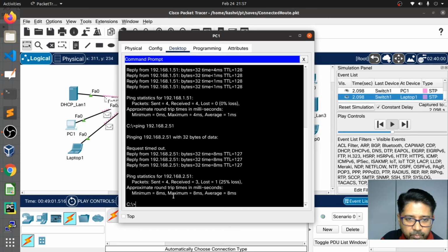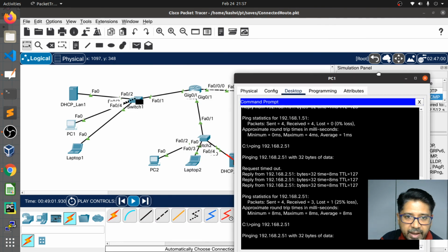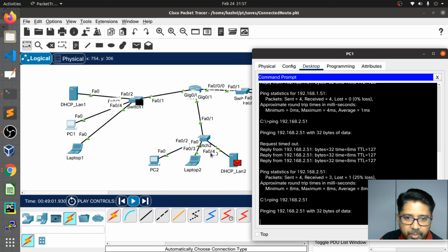First packet, let's see ICMP. They must go through the gateway, and they went to the router. Through the router, it reaches LAN 2, and they go to the respective IP, PC2.